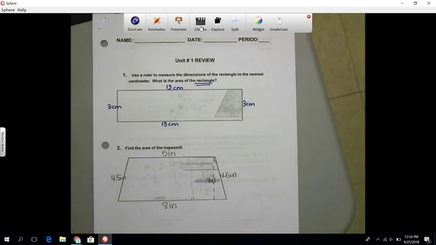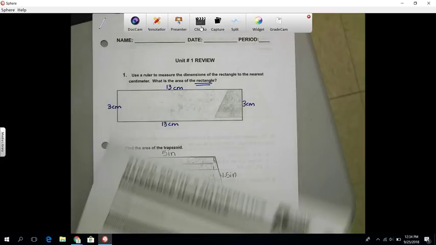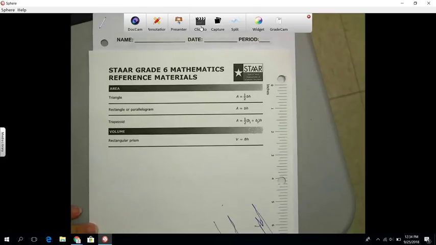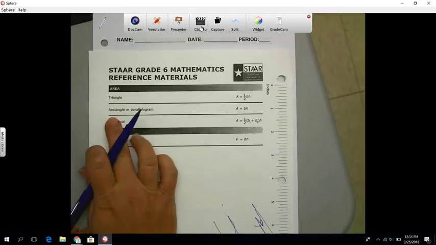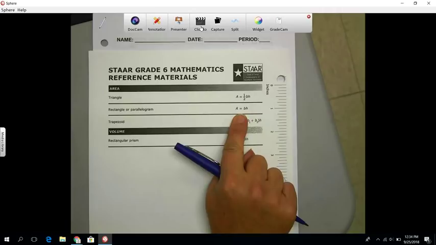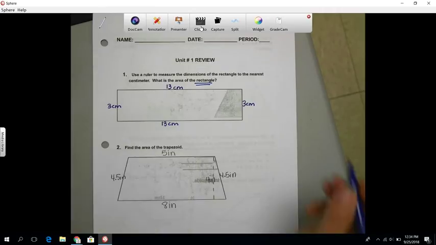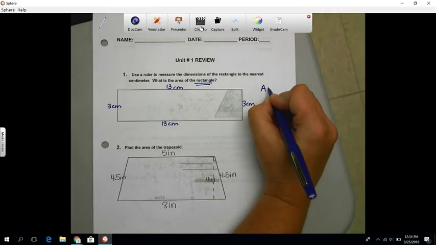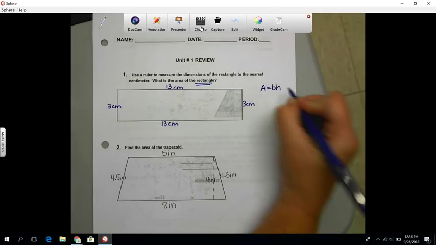Remember, we do not have to have these areas memorized because they are located on our star chart on the back. So for a rectangle, I need to make sure I use area is base times height. So over here, area equals base times height.